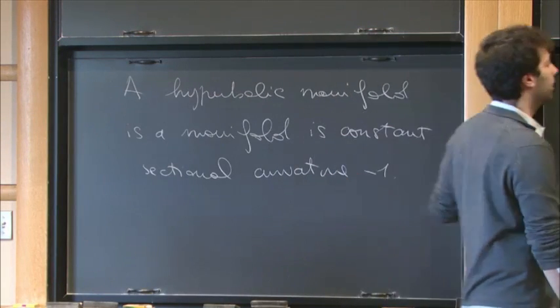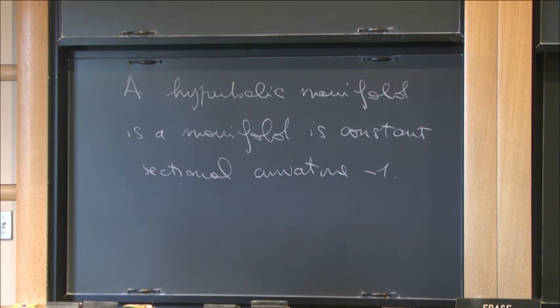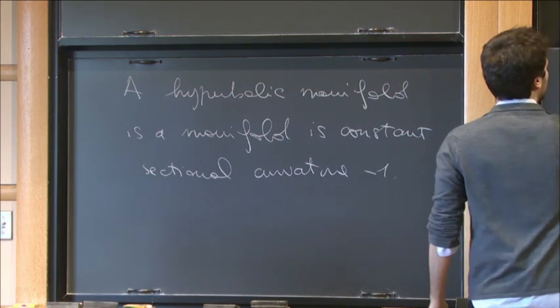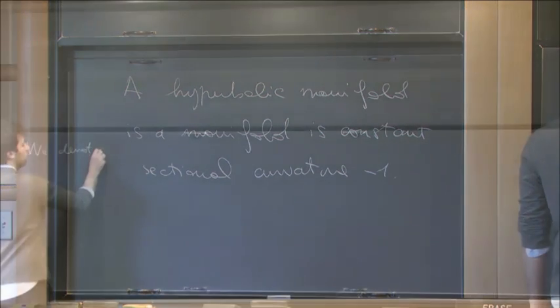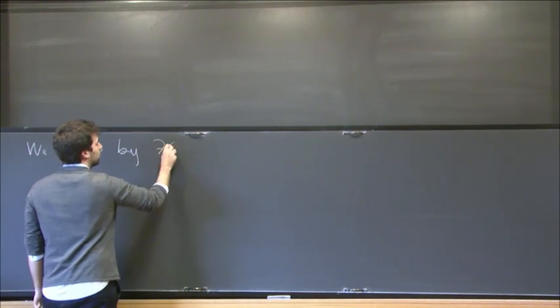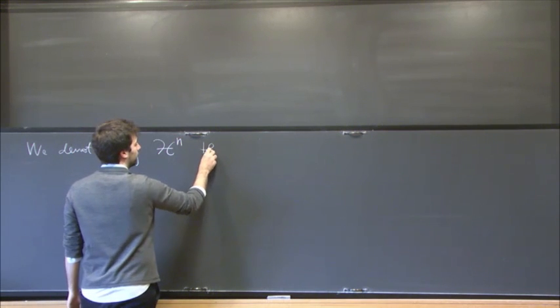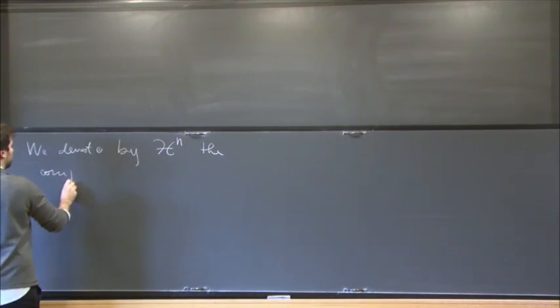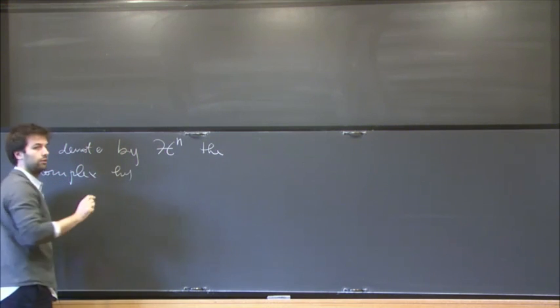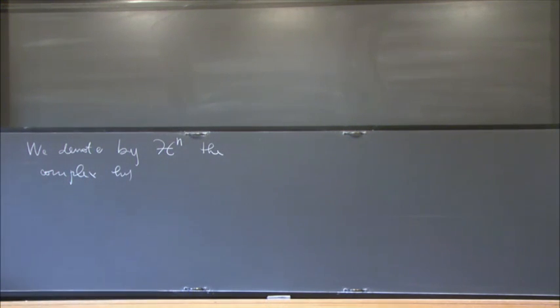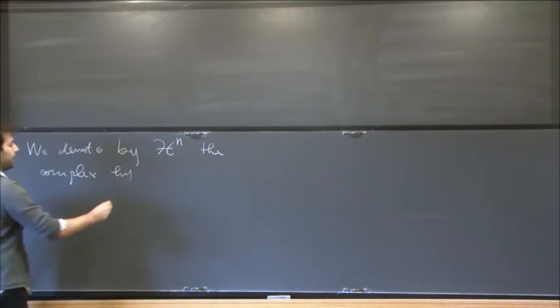So in particular, any complex hyperbolic manifold is obtained as a quotient of the hyperbolic space. We denote by Hn the complex hyperbolic space.